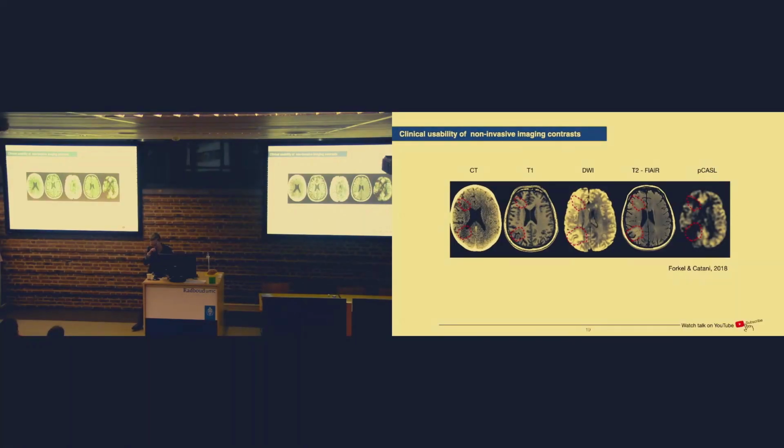Now, the first one is the new models and why we actually need it. So here you see one of my stroke patients. You have a CT scan, a T1, a diffusion weighted imaging scan, T2, and a perfusion scan. Now, some of those contrasts let you identify easily that there is a stroke in the brain.